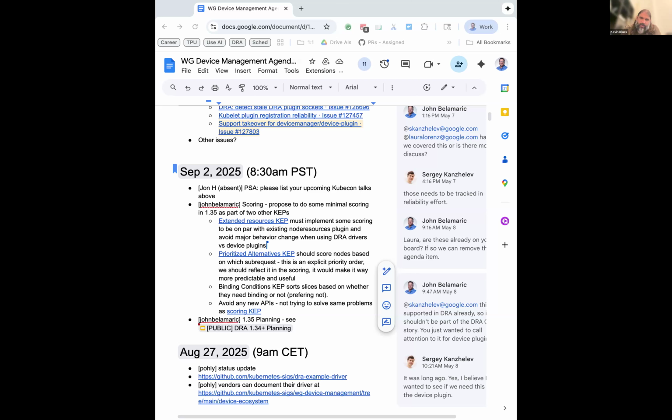Why can't it be exact? Well, maybe it can in the simplest cases. I don't know. I haven't looked at the details, but if you think about it, you can have a device class that only selects 3 of the 5 that might have been advertised all as 5 before. So the way we count might shift a little bit depending on the CEL expressions used.